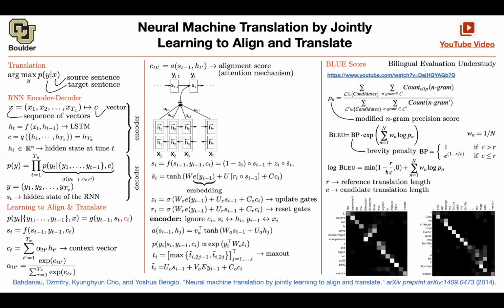And BLEU score also takes care of the candidate translation having a shorter length compared to the reference translation. The problem is there is a bias towards your algorithm giving you shorter and shorter translations. And why is that? Because these probabilities are numbers that are bigger than 0, less than 1.